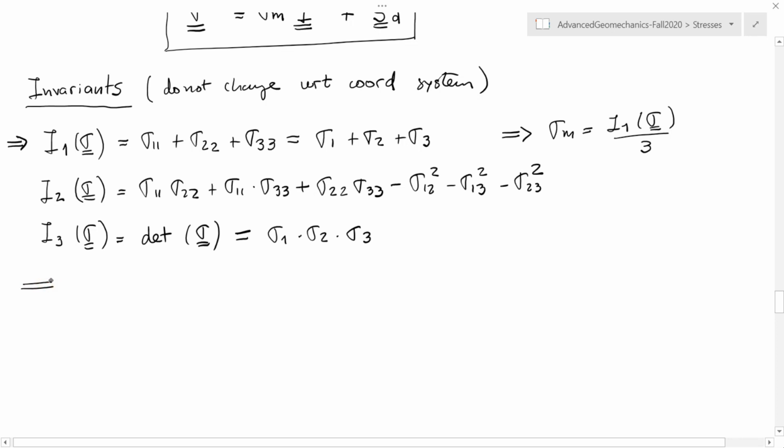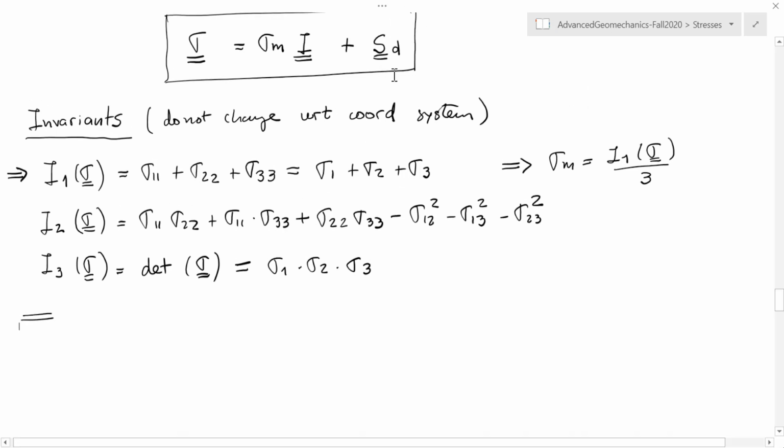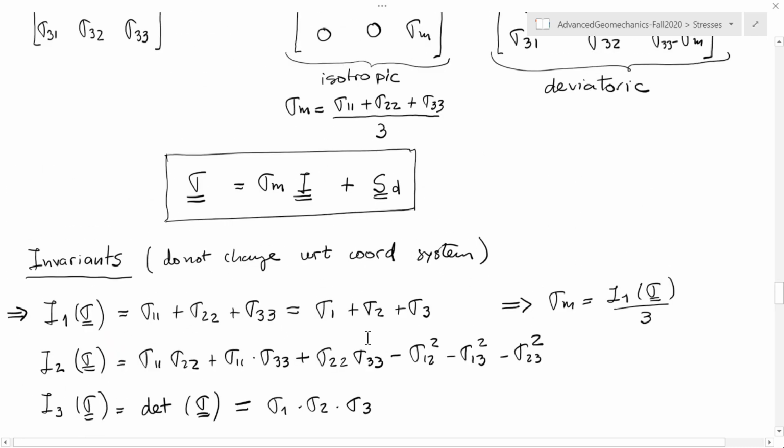We can also calculate the first, second, and third invariant of the deviatoric stress tensor, of just this component over here. And in that case, it's the same equation, but we call it by convention J. So the first invariant of the deviatoric stress tensor, S, is going to be equal to the summation of the diagonal terms in the matrix.